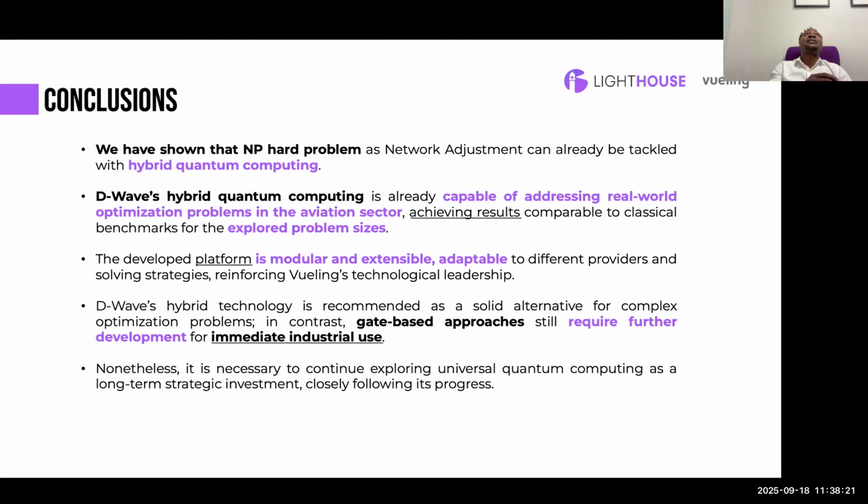Also, one thing that, in the scientific way, we have to say: jumping from what we have done here to the gate-based solvers is very straightforward. The only thing we need to do is a little change of variable, what we know as the Ising model.